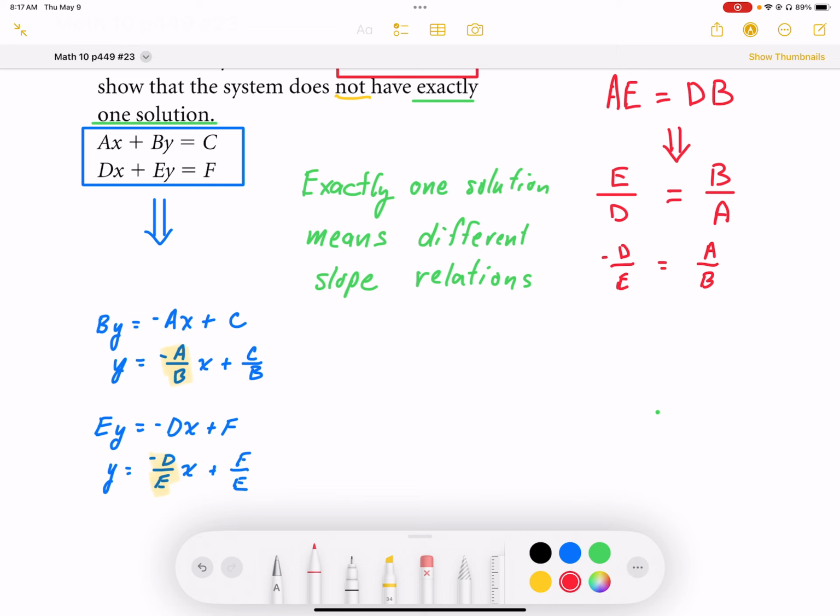We could even put a negative on there to make them exactly the same. Since those two slopes are the same, I'm going to write this out: slopes are the same, slopes are equivalent, therefore not one solution.